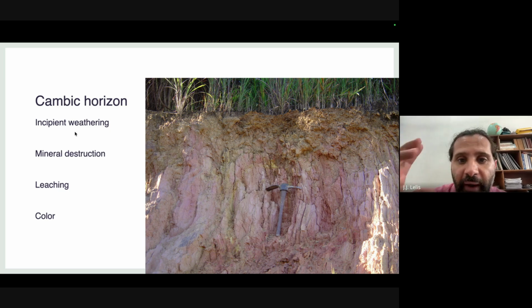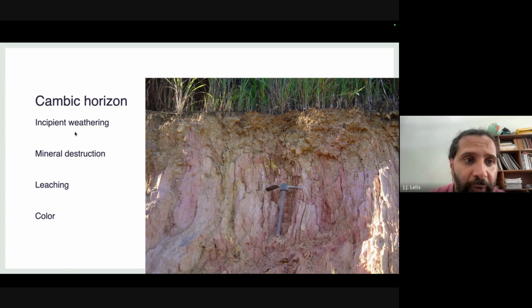The Cambic horizon is that section that does not fit the mandatory criteria of all other diagnostic horizons. And because of this, now I can think, okay, maybe this could be a Cambic horizon, and I will check if this section fits the definition of the Cambic horizon.